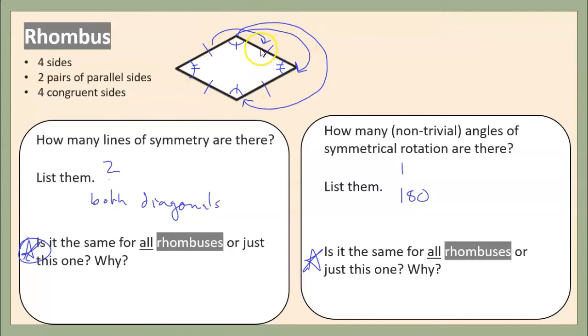They're the same length. This side's going to match this side, and that side, and that side. So all 4 sides will match each other. These 2 angles will pair up. And so yeah, all rhombuses are going to have 180. But again, we have those exceptions, right? We said a square is an example of a rhombus, which has more. So yes, all rhombuses have 180, but squares also have 90 and 270.